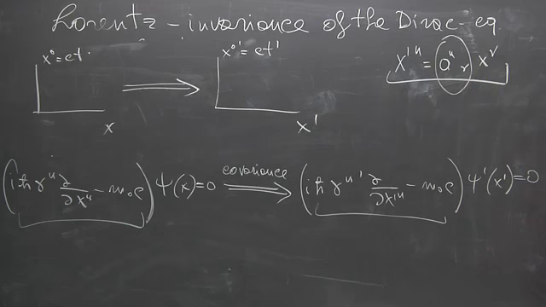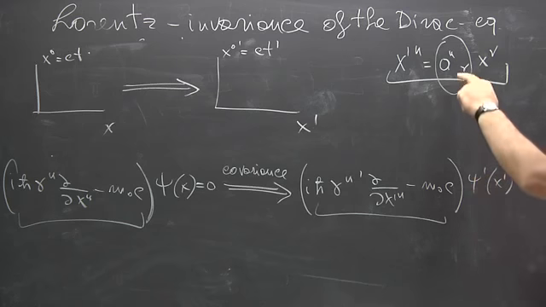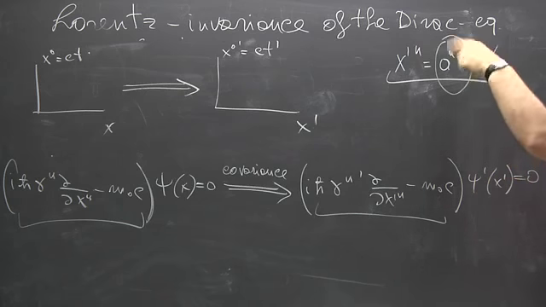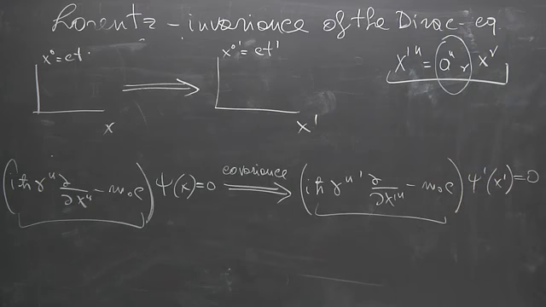That is the goal of what we will see. So differently from the Klein-Gordon, the Dirac equation maintains the same form if you change not only x, but also psi, but in a form that depends only on this. These are the only ingredients. So that is what we will show.